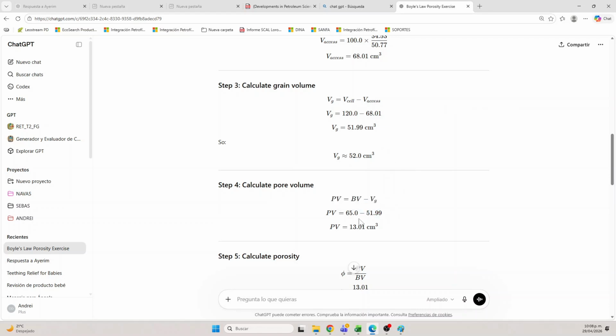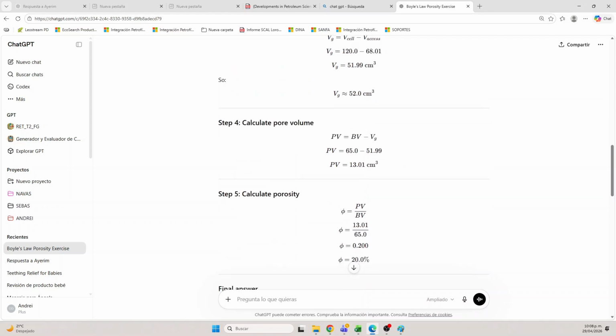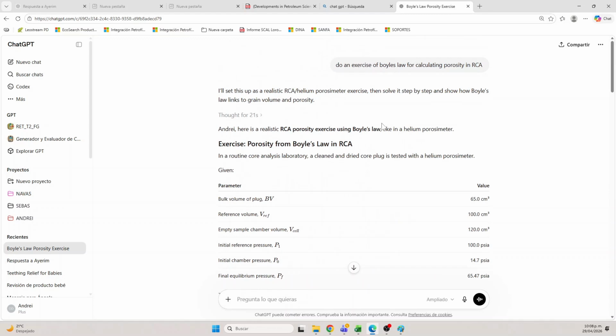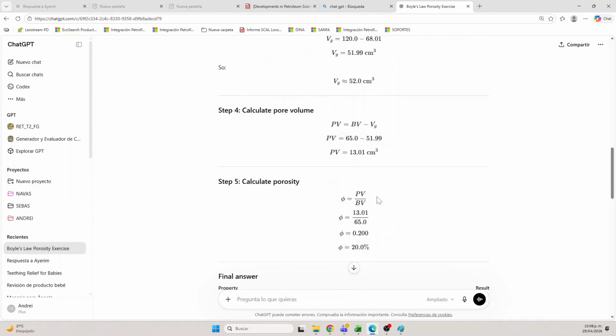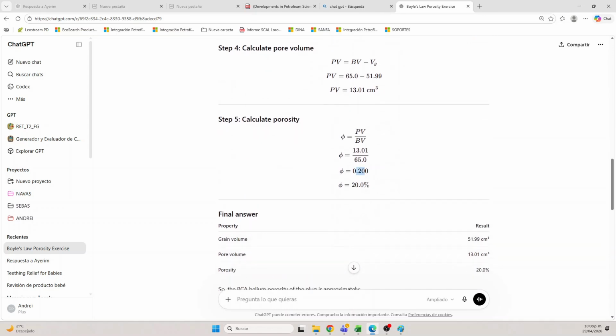We get the pore volume of the sample, and to translate pore volume into porosity, you divide the pore volume by the bulk volume of the sample. So it's going to be 13 divided by 65, which is our original volume of the plug, and that gives us 0.2. This is a fraction, but in percentage it is 20%.